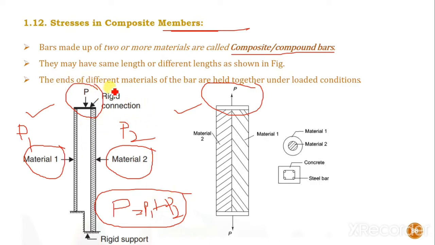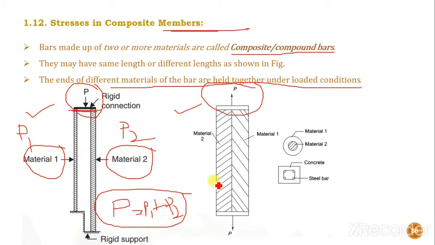Remember that the ends of the different materials of the bar are held together under loading conditions. If these two members have to take load at the same time, then those materials have to be bonded together with a plate or something like that.